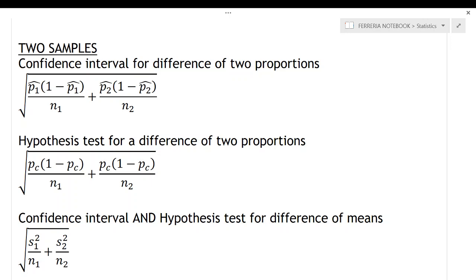They're slightly different. The nice thing about doing a test for a mean is that it's the same standard error regardless of hypothesis test or confidence intervals. So we'll just pause here for a minute if you want to write that down.